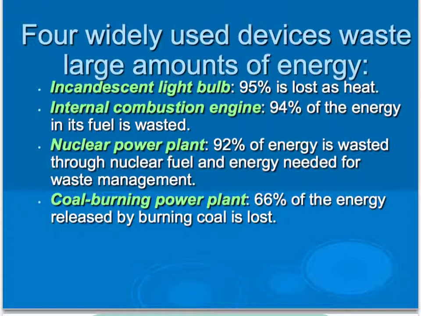For comparison, because this is a commonly missed question on the Moodle prior knowledge quiz, incandescent light bulbs are one of the most inefficient forms of machines or appliances that we have out there. It's not too far ahead, though, of the internal combustion engine. And if you aren't sure what that is, that's just the engine inside your car, as long as you're driving a car that runs solely on gasoline, which is the more common car to drive right now.